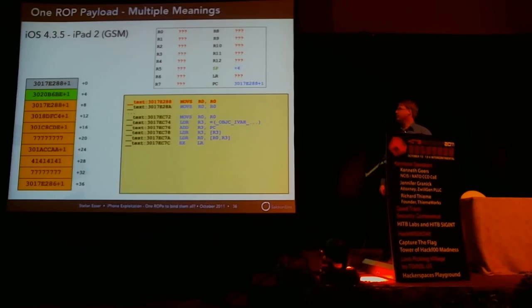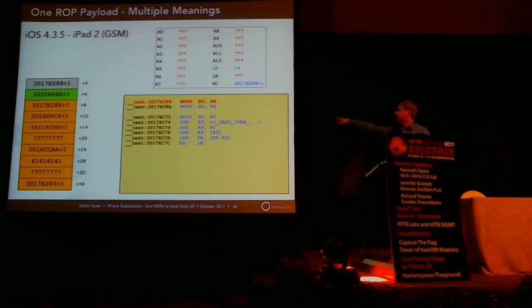Now, take one of the other iPad2 versions, like this GSM version. Again, you can disassemble it, and you will see that this time it will jump into the 0 bytes of a Mach-O file header, of an executable file header. So there will be a lot of 0 bytes.